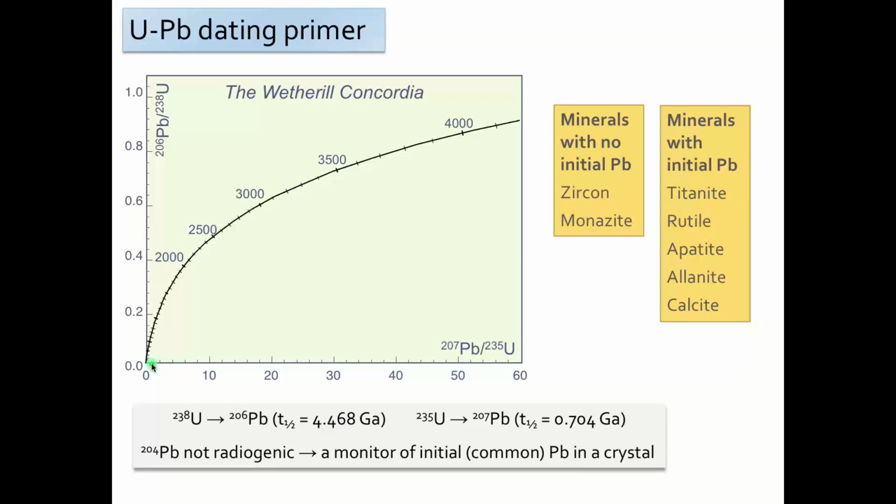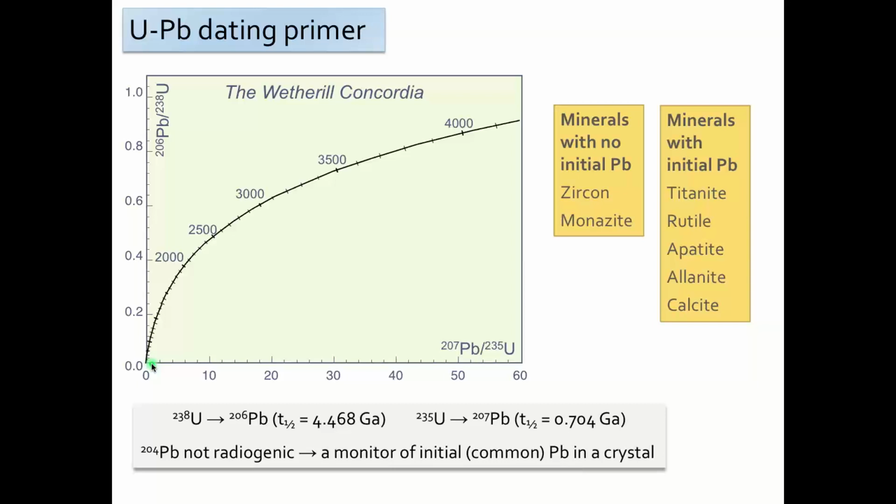These include titanite and rutile, where the standard materials often don't contain initial lead, but unknowns often do. And then apatite, alunite, and calcite. Apatite and calcite, for example, even the standard materials often can contain appreciable common lead, which has to be corrected for. So we're able to date a variety of different phases by uranium lead geochronology.